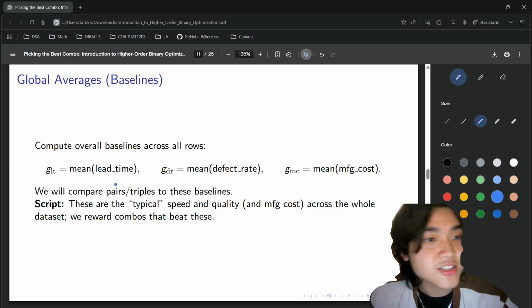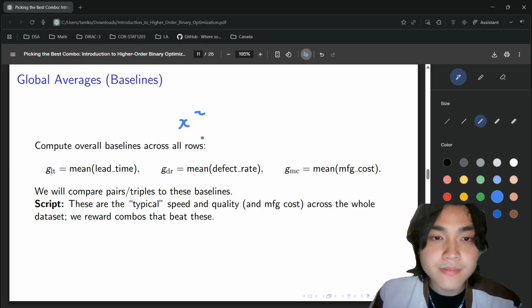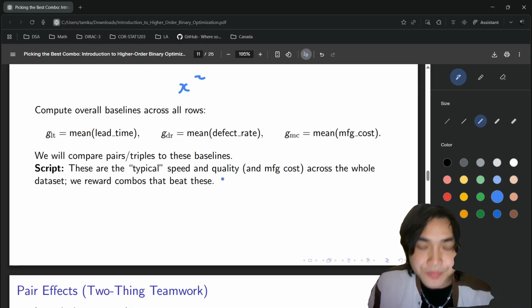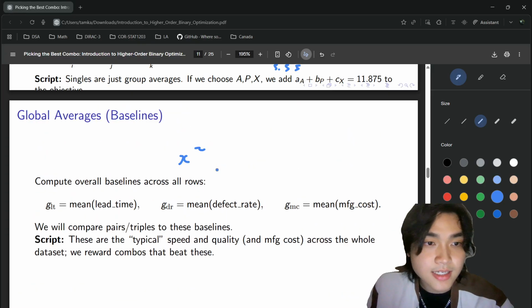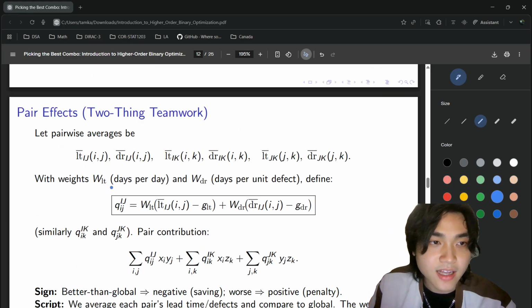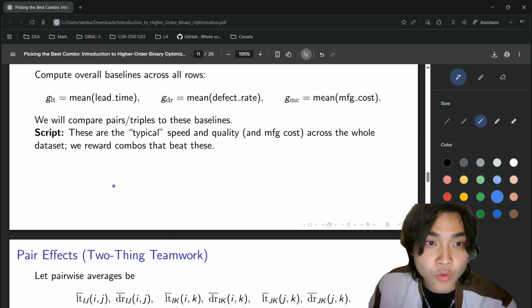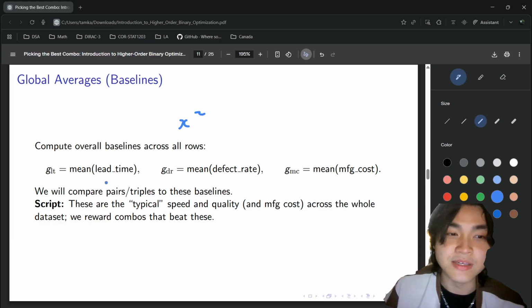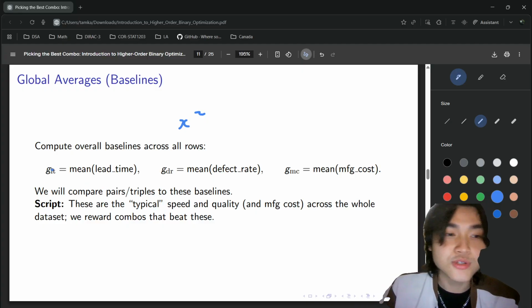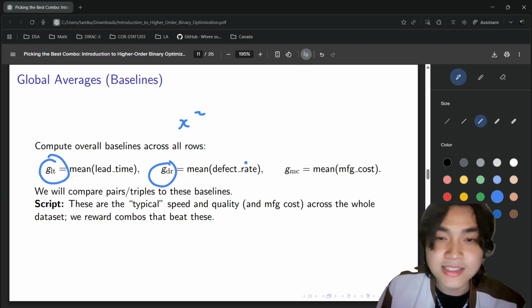Okay, so now let's talk about pairs. Second order optimization. For this, it will get a bit more complex. But before that, we relax a bit first, and I will introduce what baselines are.